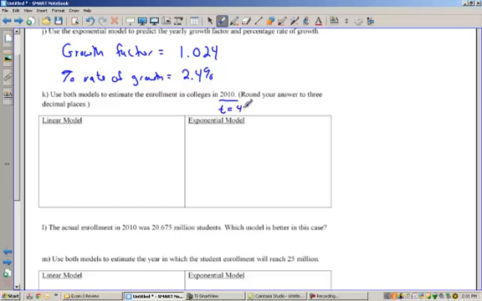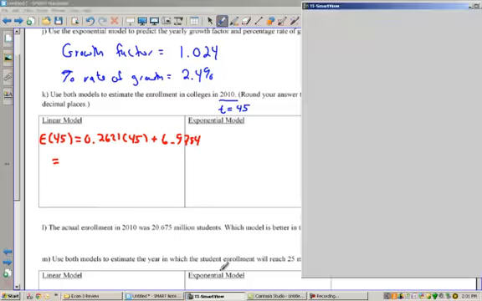And in the first one here, what we're going to do is plug in e of 45, and you go back and look at your linear model, and you'll see that this is going to be equal to 0.2621 times 45, and then plus 6.9784, which is equal to, you take out your calculator and crunch the number.